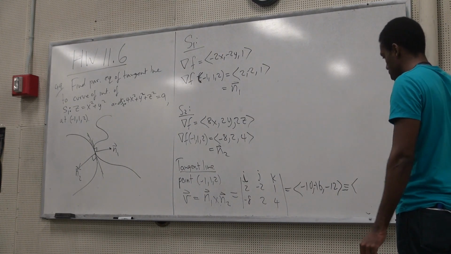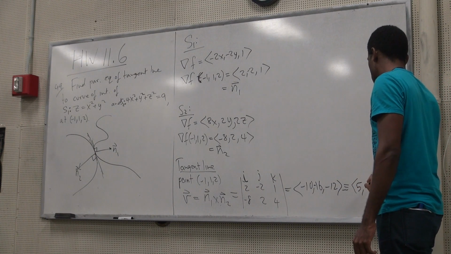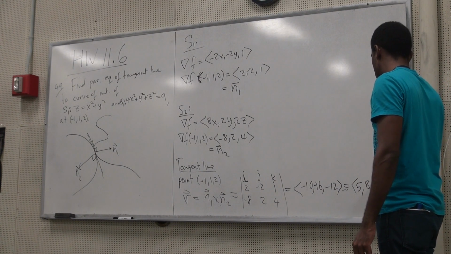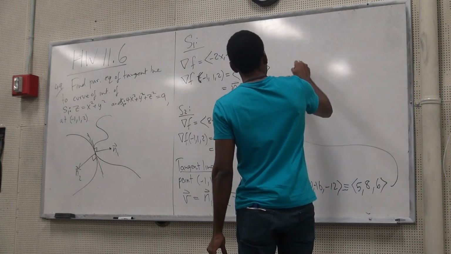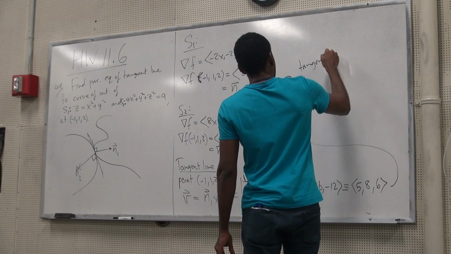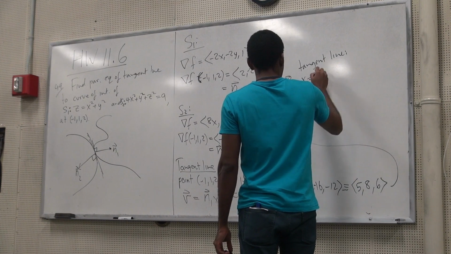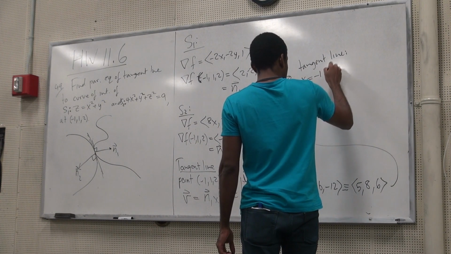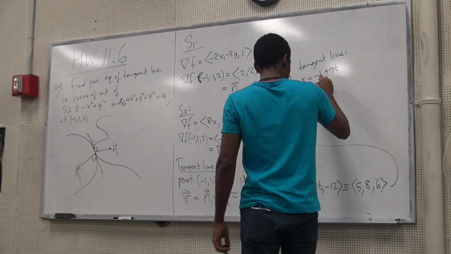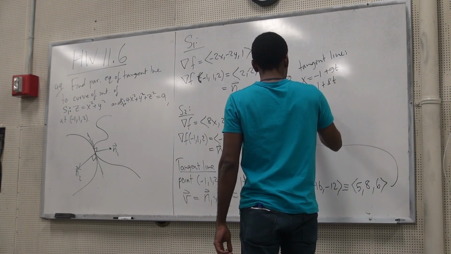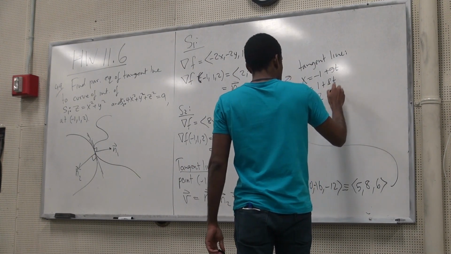It's equivalent to choosing, say, dividing everything by negative 2. So x would be negative 1 plus 5t, y would be 1 plus 8t, and z would be 2 plus 6t.